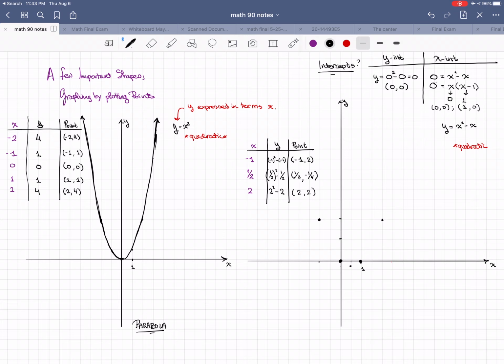And remember, I'm going to write it again here because I think there are never too few opportunities to write down the word that describes this shape. It's such a key shape. It's a parabola. Okay, so there you are.